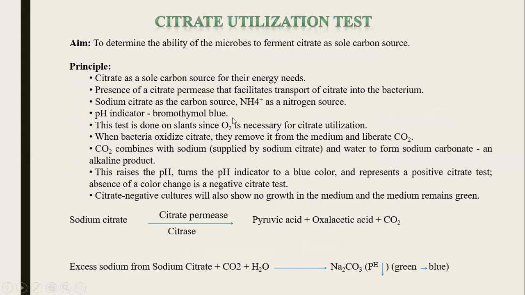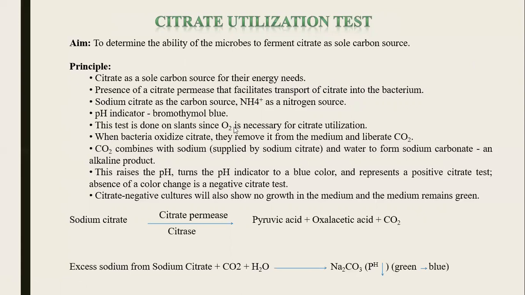Citrate utilization test. This citrate utilization test is used to determine the ability of an organism to use citrate as a sole source of carbon. The organisms which use citrate as a sole source of carbon are positive for the citrate utilization test, and the organisms which cannot use citrate as a source of carbon are negative.